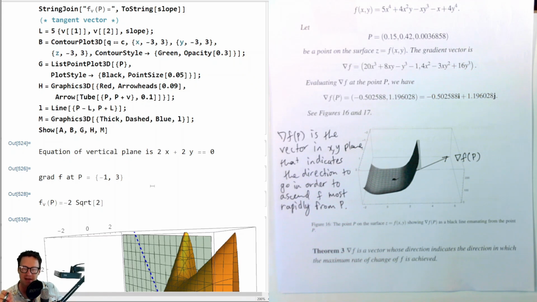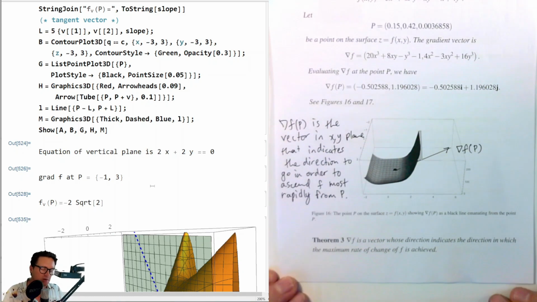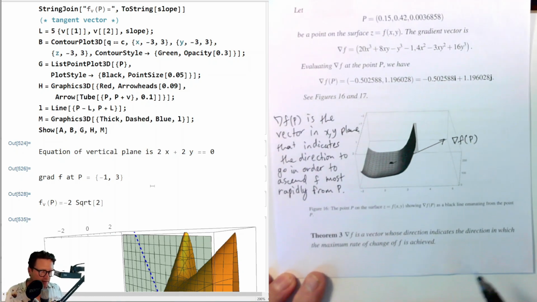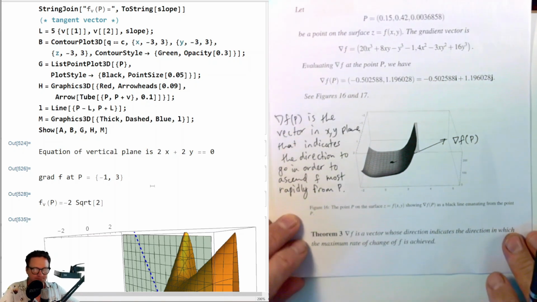So that would be grad F. All right, so there are a number of things associated with this concept which are important. But let's have a look at theorem 3. Grad F is a vector whose direction indicates the direction in which the maximum rate of change of F is achieved. Right? So that's another way to say this.